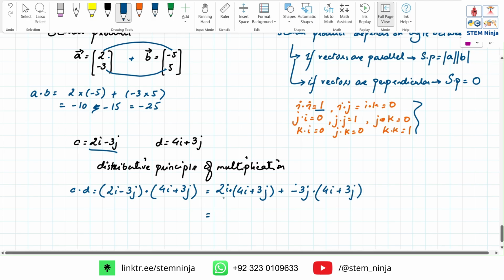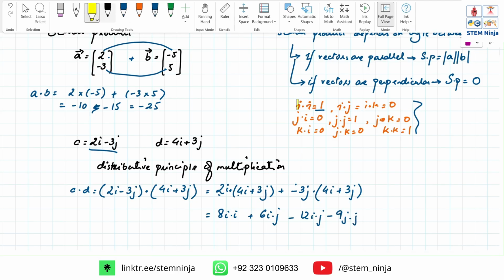So you will get 2 times 4, 8 i dot i, plus 2 times 3, 6 i dot j, minus 12 i dot j, and minus 9 j dot j.